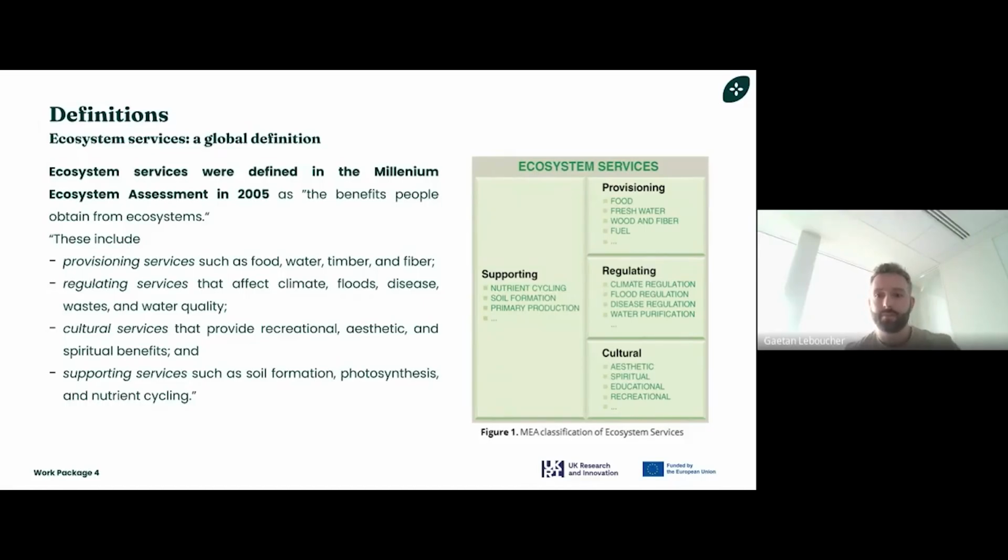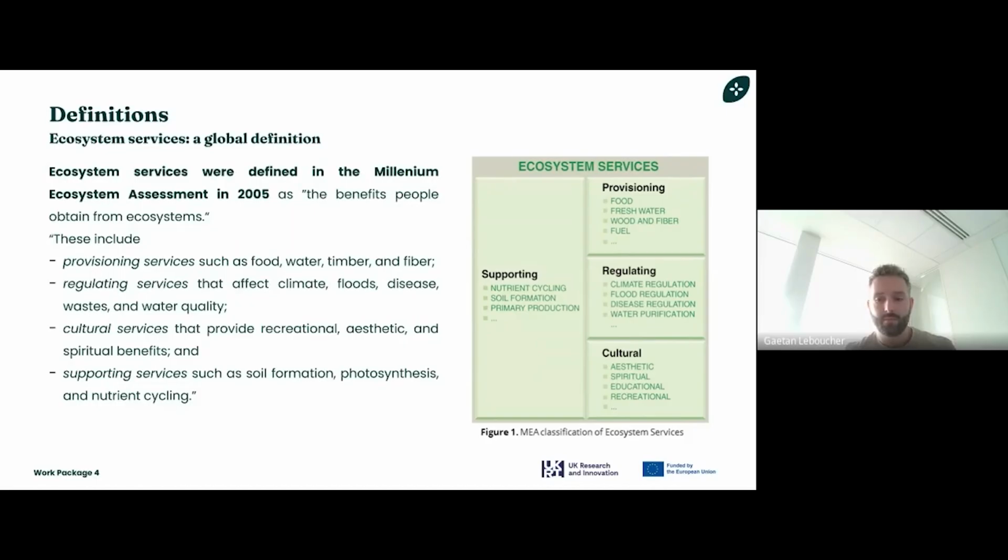So first, we can start with a definition of ecosystem services, which were defined globally in the Millennium Ecosystem Assessment in 2005. These are the benefits people obtain from ecosystems. And this includes 4 types of services, which are provisioning services that produce raw materials, such as food, water, timber, and fiber. The regulating services affect the balance of the ecosystem, so climate and flood regulation, disease regulation, waste management, and water quality.